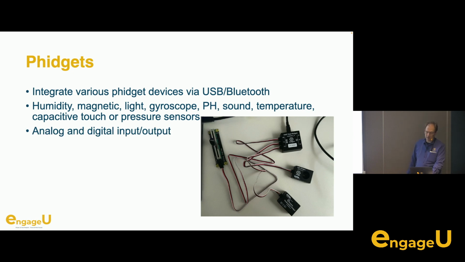There are analog and digital input-outputs, so you can connect relays to maybe switch your garage door on and off. You can control motors directly, and this is available for Mac and Windows. So if you need to automate your home with FileMaker, you can do that.